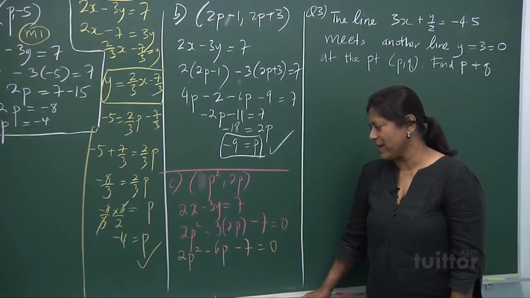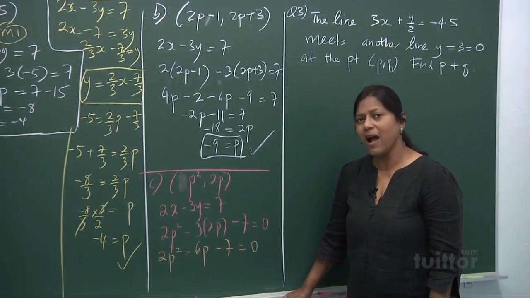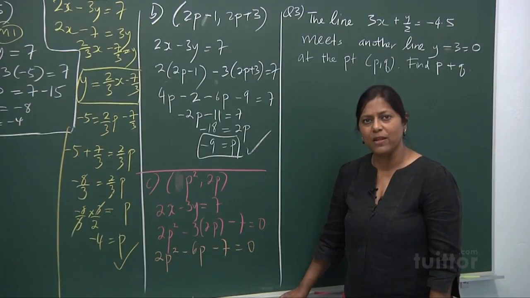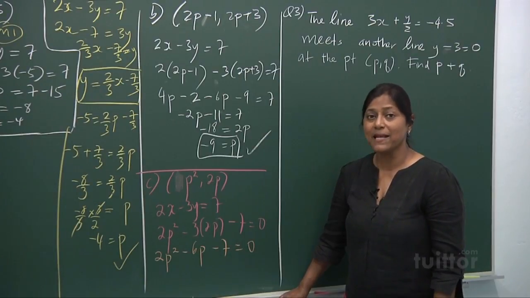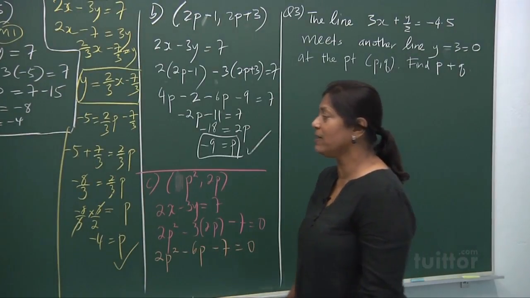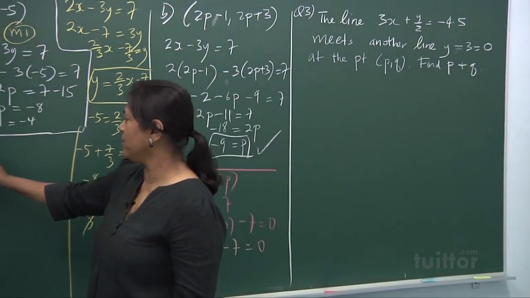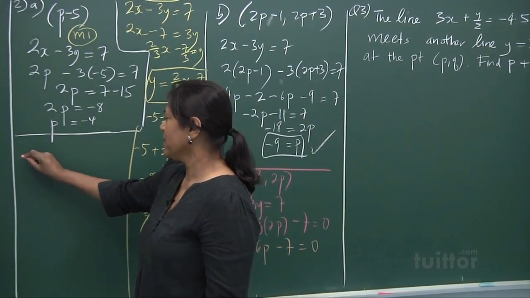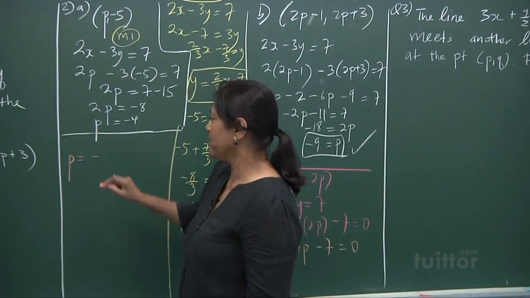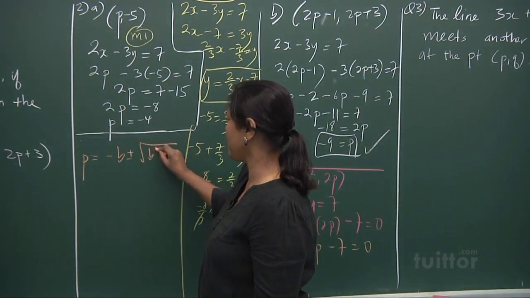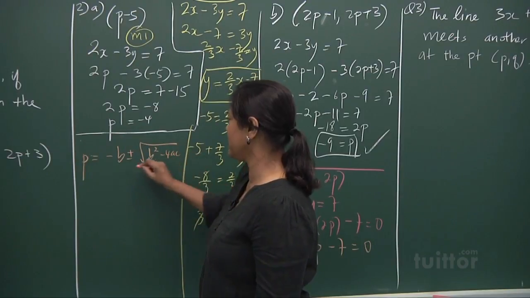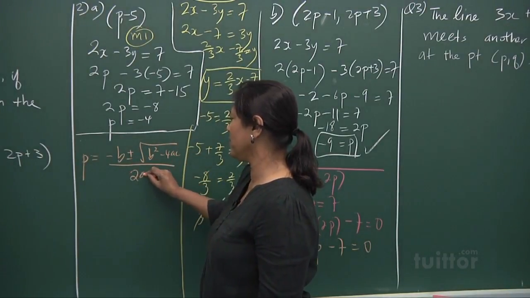If you can factorize it, fine. If you can't, then you've got to solve it by using the quadratic formula. If you remember the formula, when you have a quadratic equation, your p will be minus b plus or minus the square root of b squared minus 4ac, over 2a.